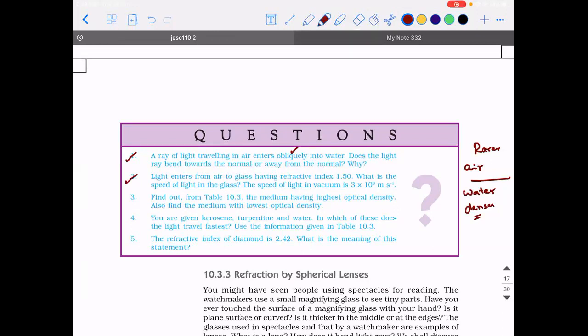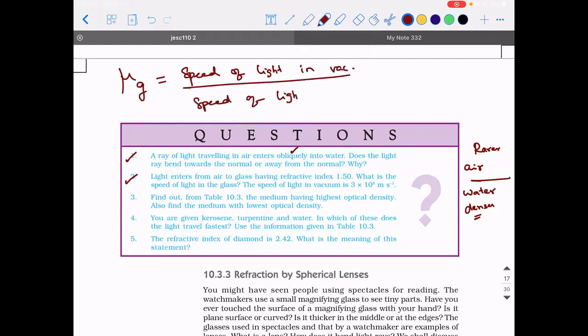Second, light enters from air to glass having a refractive index of 1.50. What is the speed of light in glass? The speed of light in vacuum is 3 × 10⁸ meters per second. So can I say refractive index of glass is equal to speed of light in vacuum divided by speed of light in a medium?